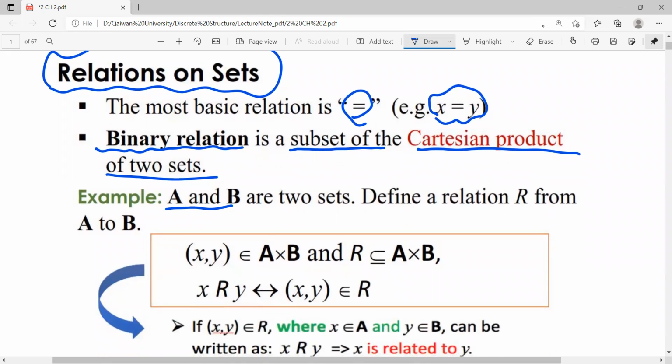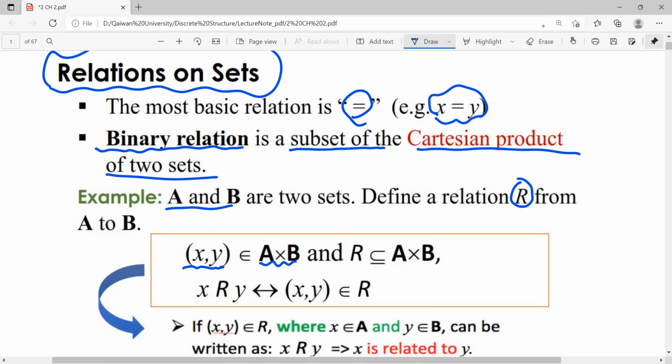Here we have an example: A and B, two sets. Then we have a relation R, the relation on the sets A and B. We say (x, y) is in A times B, or A cross B. This is the Cartesian product of these two sets.